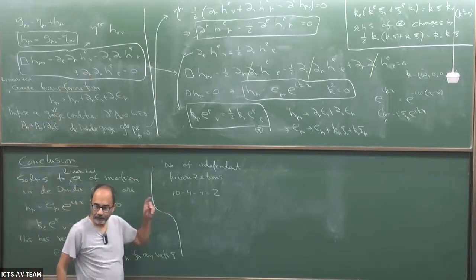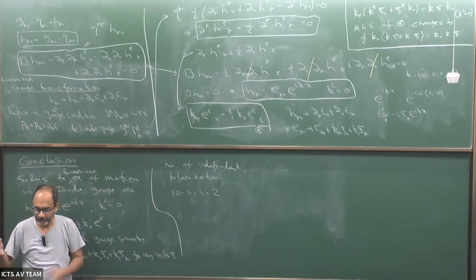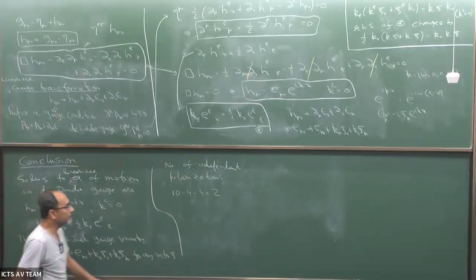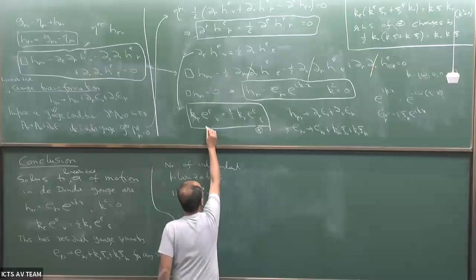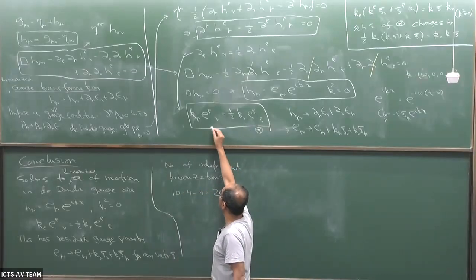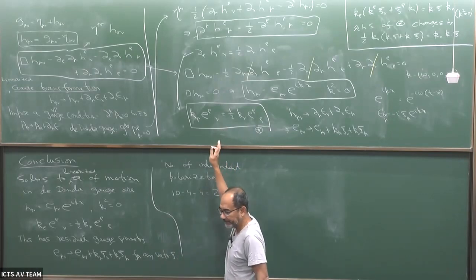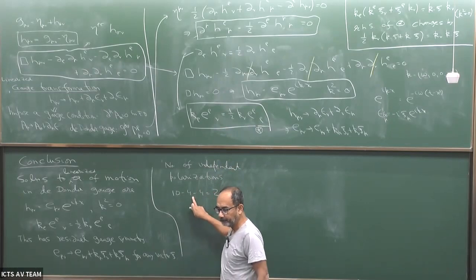So to begin with, you have 10 independent components, C mu nu, because it is a 4 by 4 symmetric matrix. Then we had these conditions. How many conditions are there? You see, nu is a free index here and rho is contracted, so there are 4 conditions. That's this minus 4.